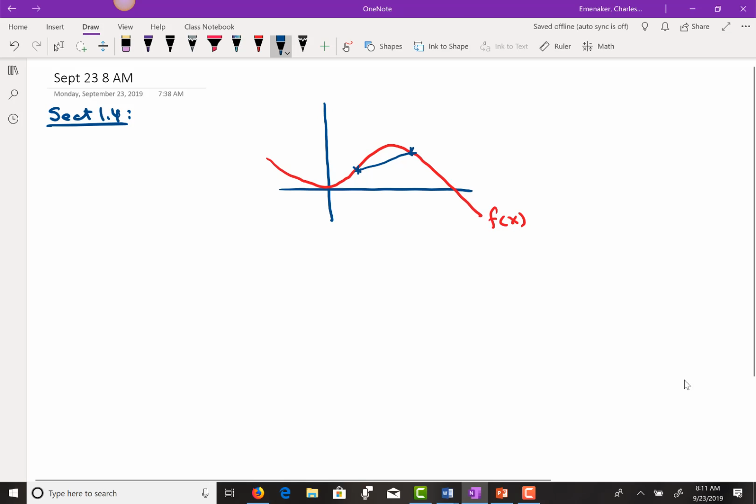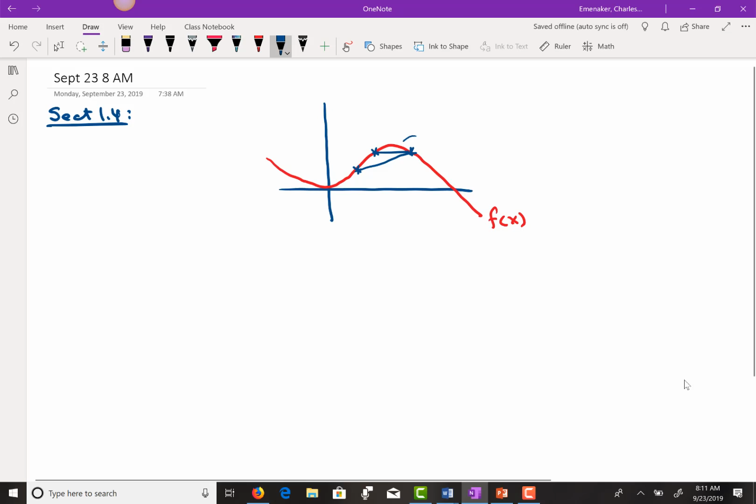To get a better estimate, we then slide this second point over here and compute the slope there. You know this routine now. We keep sliding that point in, and as you slide the point in, you get closer and closer to the point of interest.